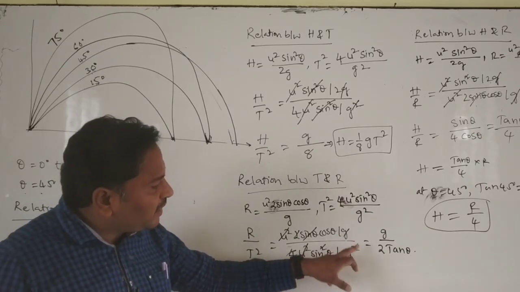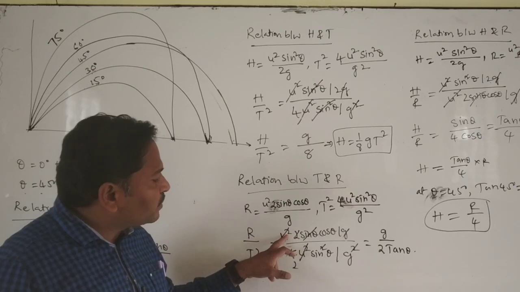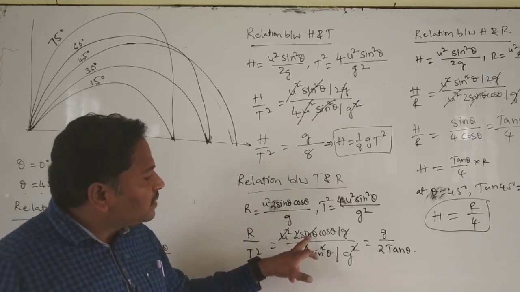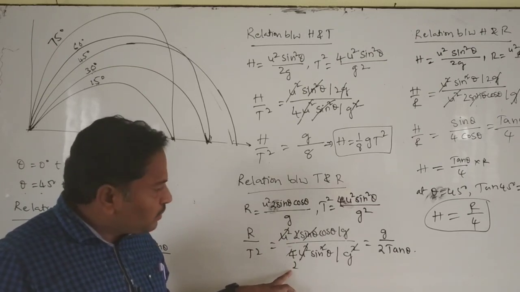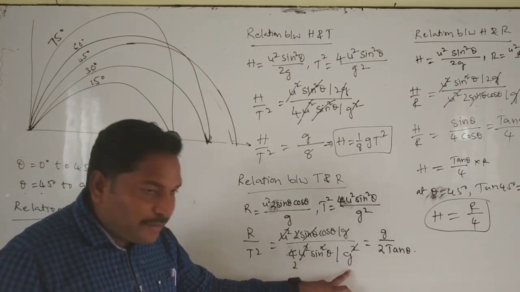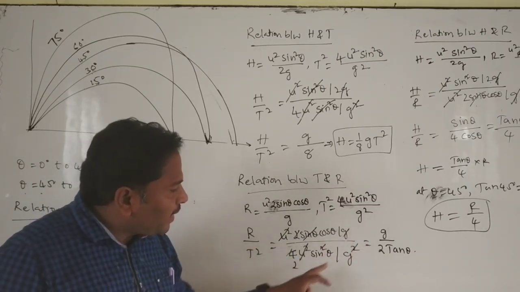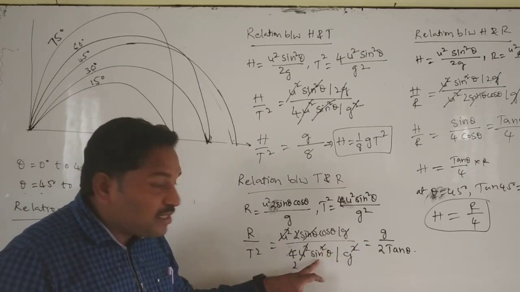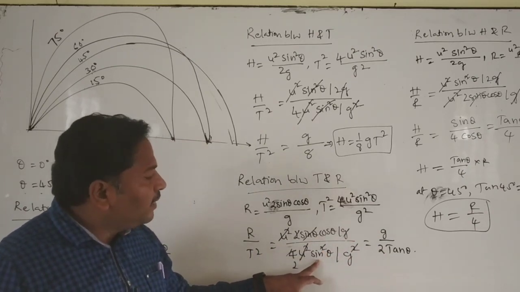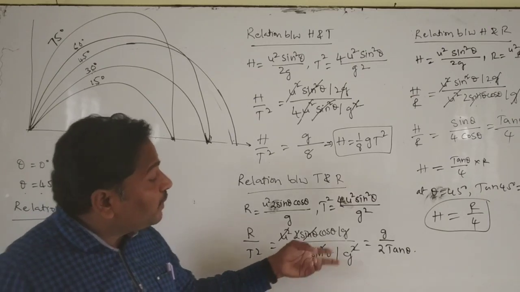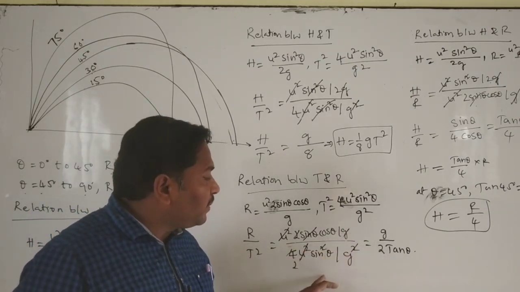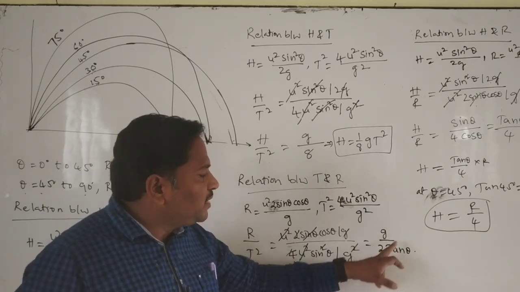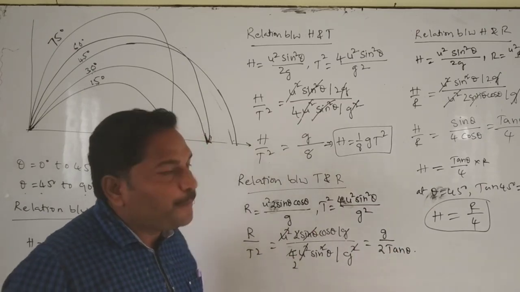So g cancels, u square cancels, sin theta cancels, 2 by 4 is 1 by 2, and g remains. So g and cos theta by sin theta, we get cot theta. But we write tan theta, so 1 by cot is tan theta. So R by T square is g by 2 into tan theta.